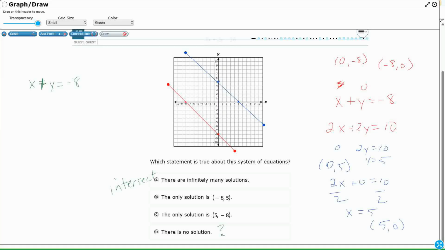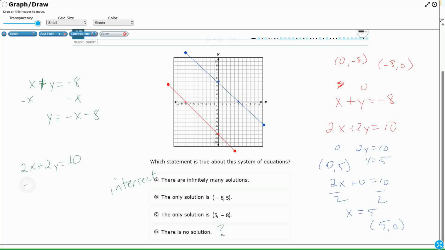And so then we're simply going to subtract x from both sides. This first one is going to be y equals -x minus 8. We've got this -8 as our y-intercept, and just a slope of -1. The second one here is 2x plus 2y equals 10.